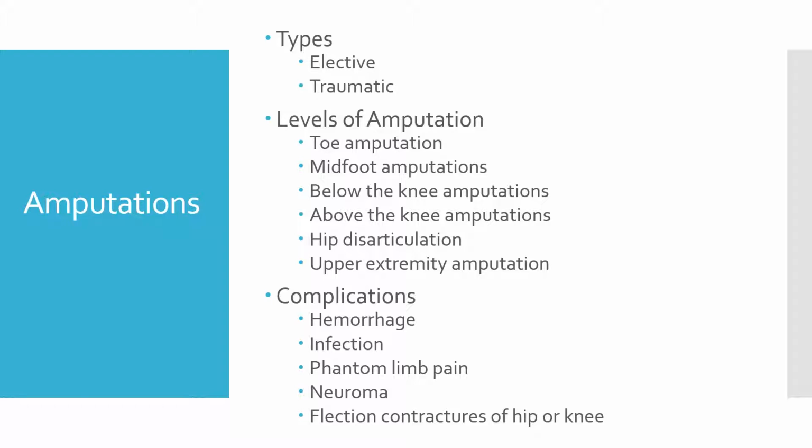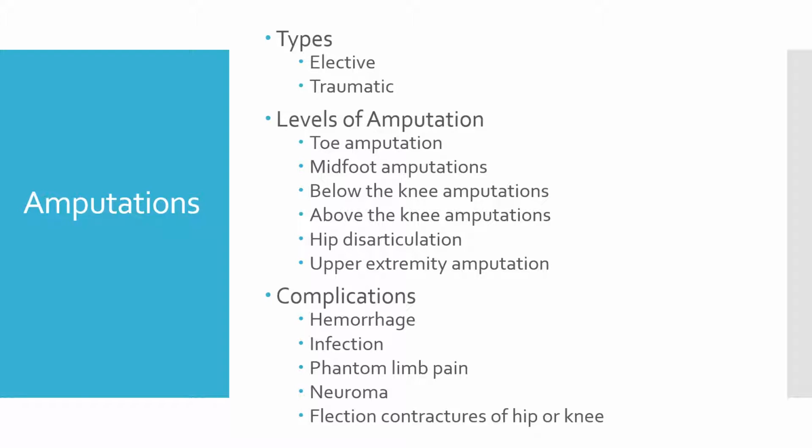Traumatic would be usually from like a war or accidents, trauma. Traumatic is the primary cause of upper extremity amputations. The elective can be either or.